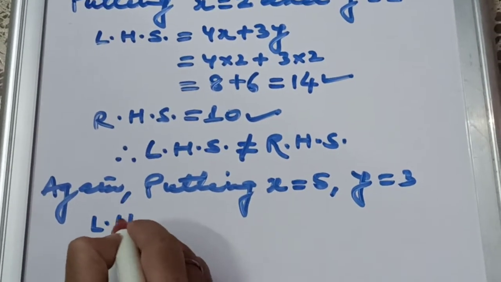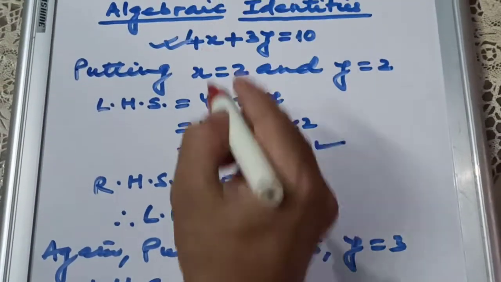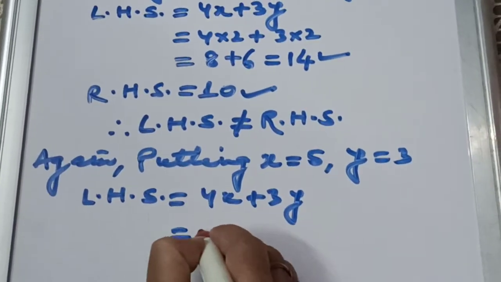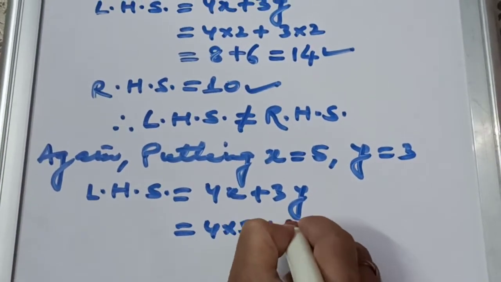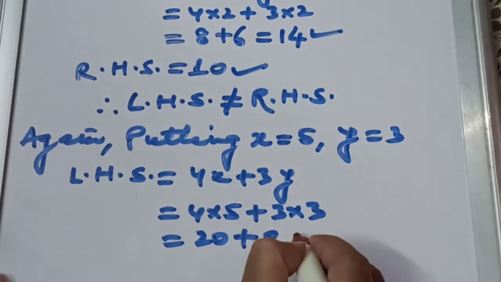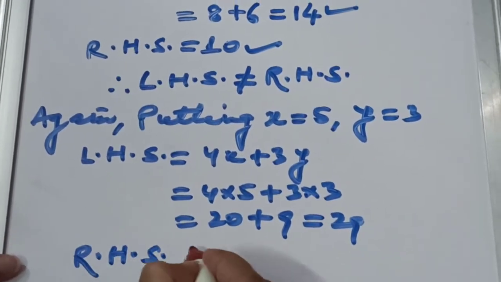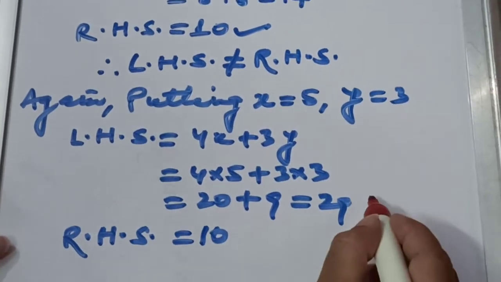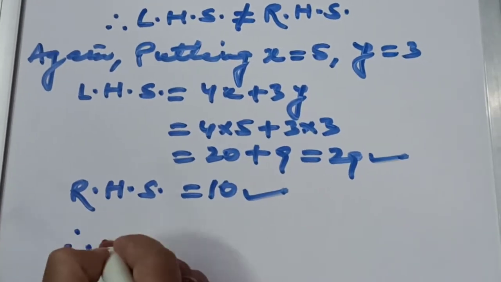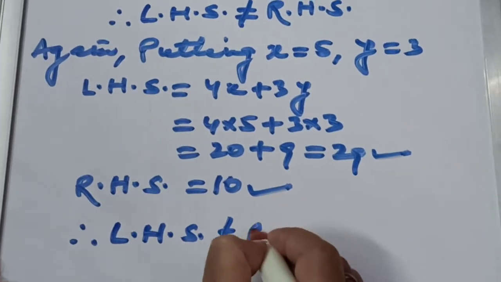See again, LHS in this equation is 4x plus 3y: 4 into 5 plus 3 into 3. 5 4s are 20, 3 3s are 9. We get 29. But RHS is 10. This is also not equal to each other. Therefore, we can write LHS is not equal to RHS.